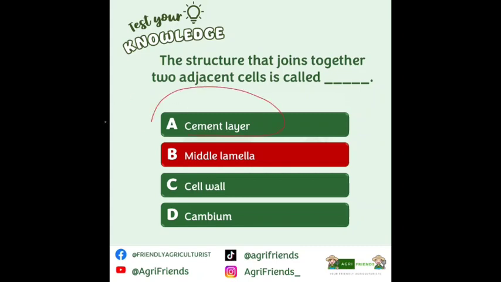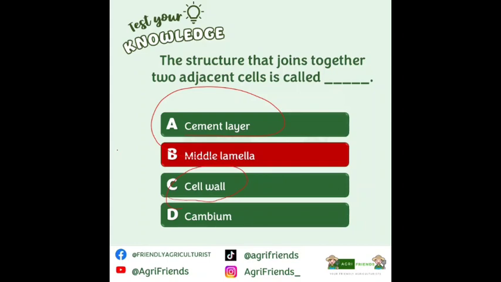Cement layer is the outermost layer of the epicuticle of insects. Cell wall. It is the rigid yet elastic outermost layer of plant cells. So, cell walls are further divided into three parts: the primary cell wall, the middle lamella, and the secondary cell wall.